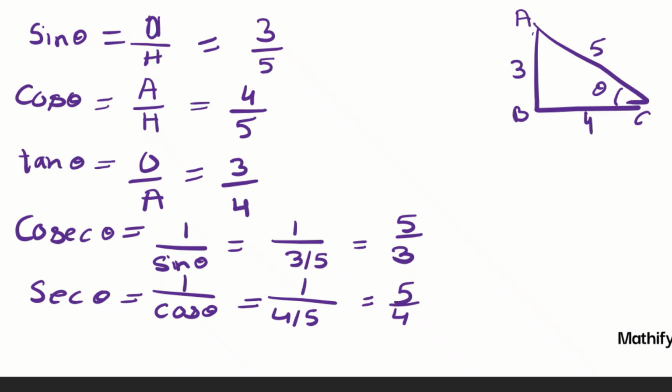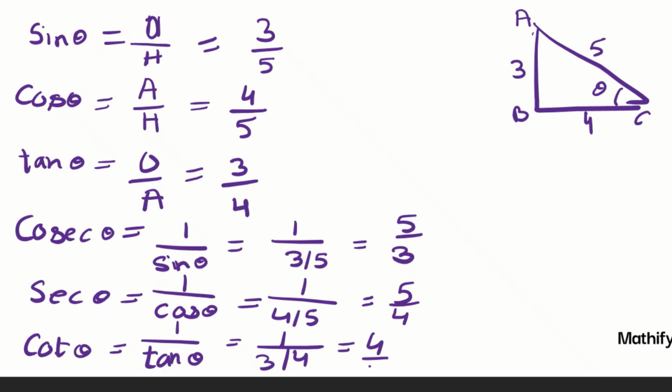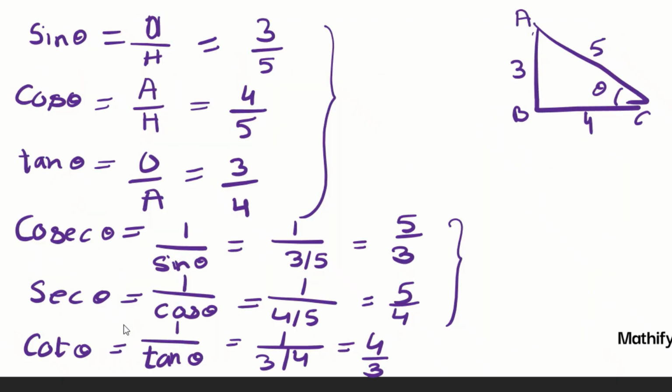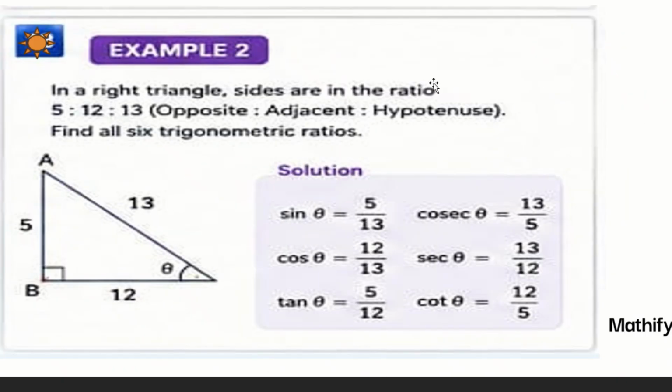And last is cot theta, that is 1 over tan theta. It will give you 1 over 3 by 4, and it will become 4 over 3. So here are all 6 ratios. In the same way you can do this question. You have to find all the 6 trigonometric ratios. This question is for you.